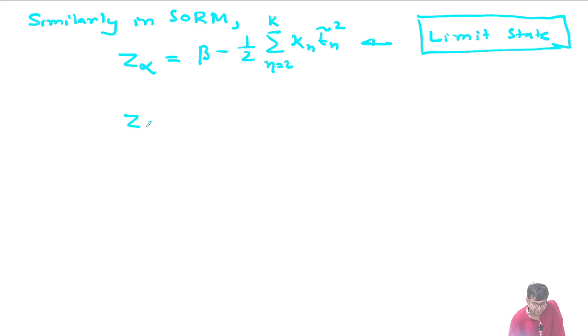Z alpha greater than beta minus half summation n equal to 2 to K kappa n Tn tilde square. This is my failure.